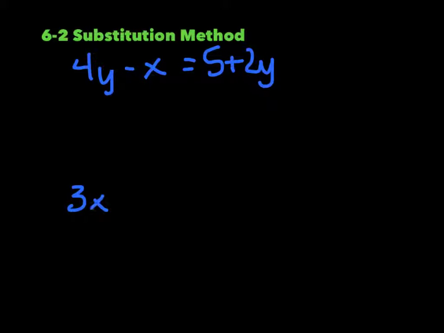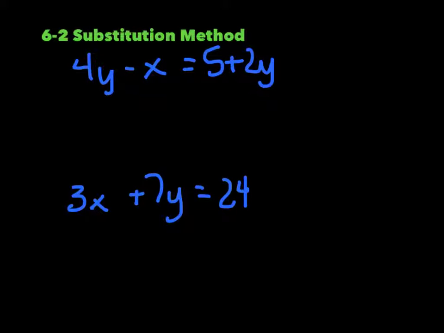One more example. We have 4y minus x is equal to 5 plus 2y, and then we also have 3x plus 7y is equal to 24. I am going to try to set this up as simply as possible.